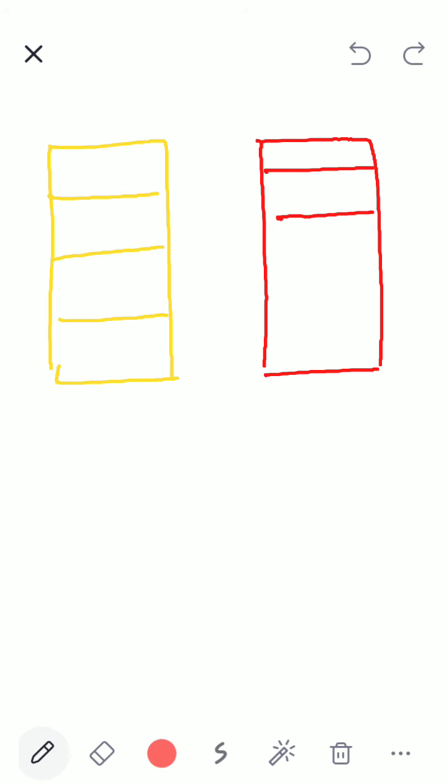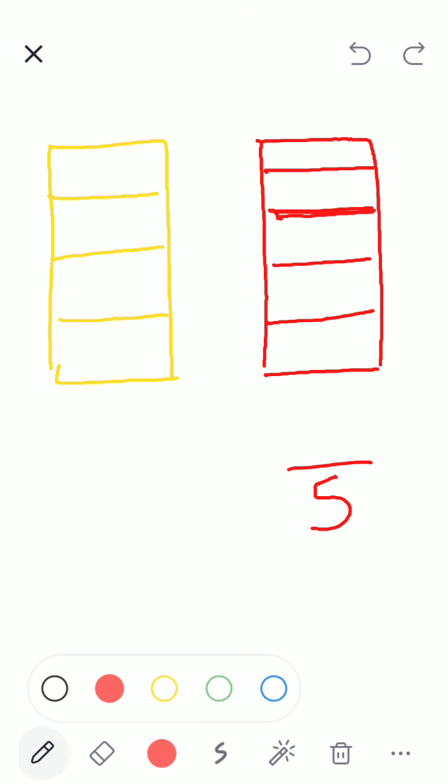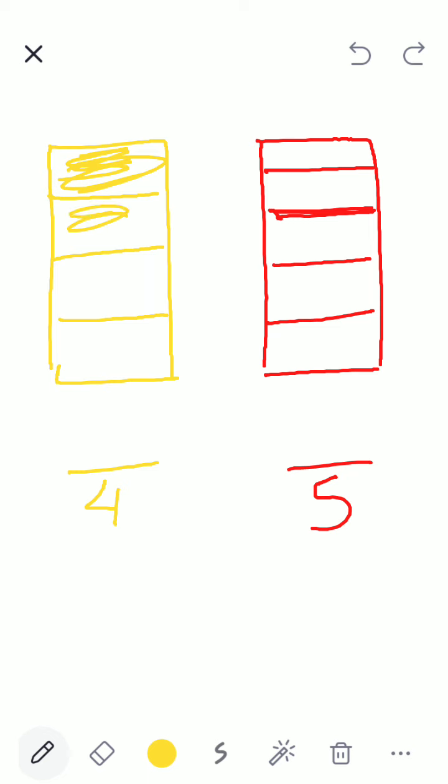And this chocolate I divide into 5 equal pieces. So now what is the denominator of the red chocolate? And what is the denominator of the yellow chocolate? Clear? Now suppose I have taken 3 pieces from the yellow.